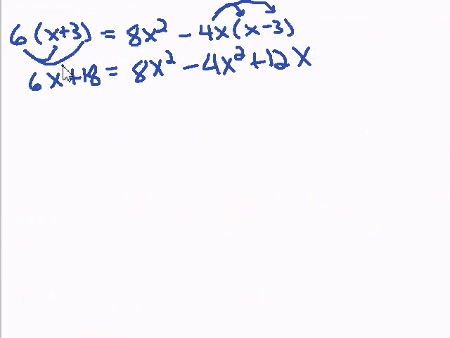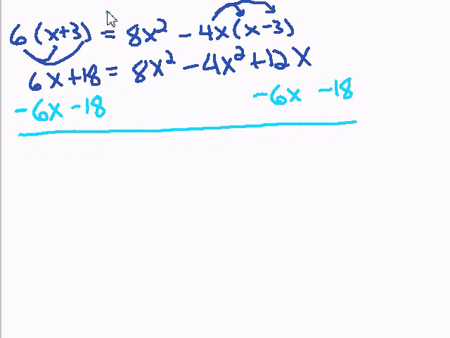Again, we're trying to solve this equation, and if we notice, we have x squared terms, which means we're most likely going to have to factor to solve. And if you'll remember, to factor to solve, we need to make sure that all of the terms are on one side of the equation. So I need to subtract the 6x from both sides and subtract the 18 from both sides. So I get minus 6x and minus 18.